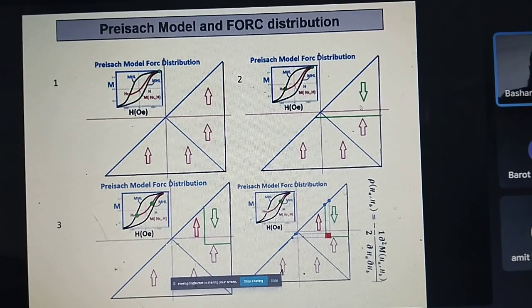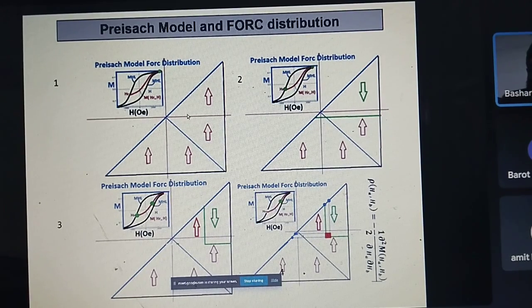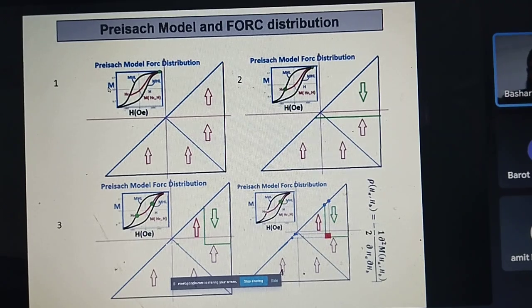See the figure number 1 here. This is again the Preisach plane, what I was talking about. When you saturate your sample, you expect all the domains of your system aligning in one particular fashion, as are these red arrows. Once you start reversing the field, see figure number 2.